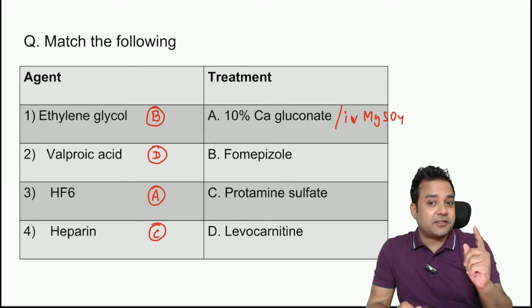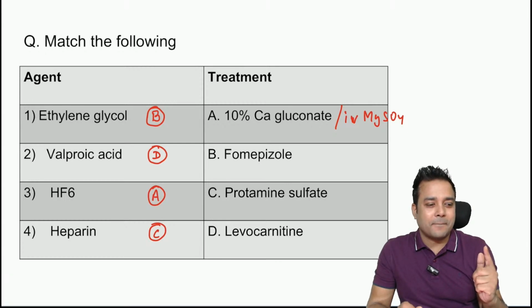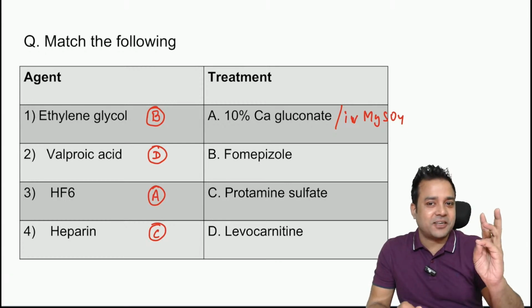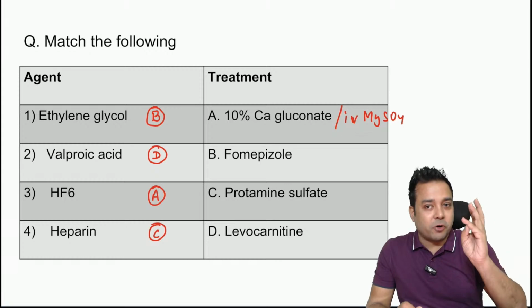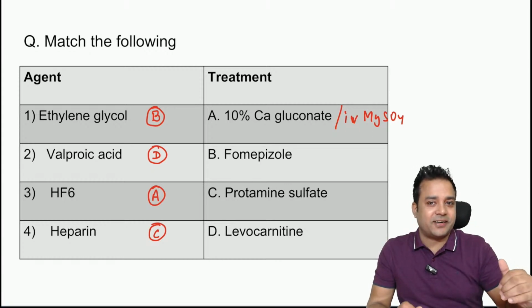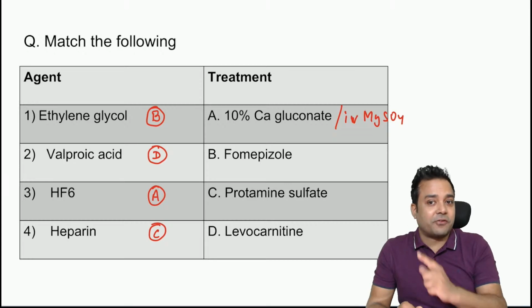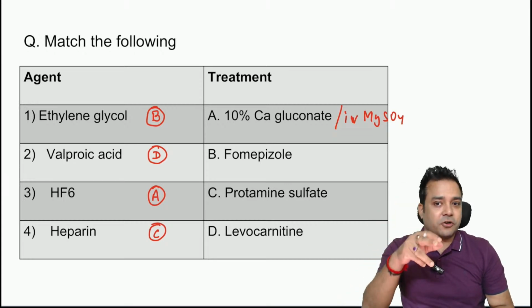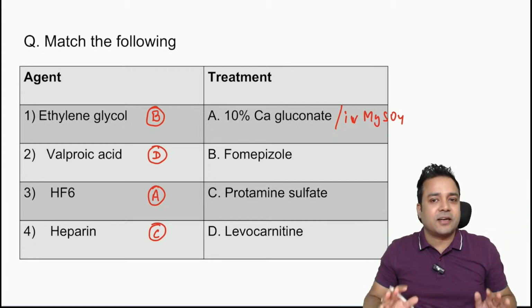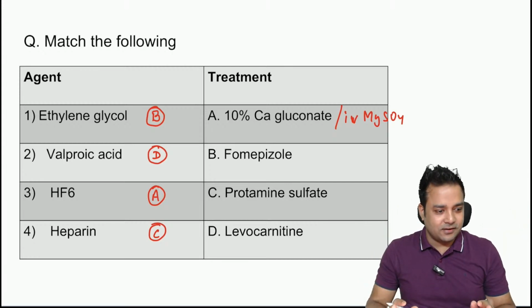In road traffic accidents, which skull fractures will not be seen? Gutter fracture and Pond's fracture. Because Pond's fracture is mainly seen in infants due to soft pliable skull bone. And the second one is gutter fracture, which occurs due to tangential gunshot injuries. All other sorts of fractures can occur in road traffic accidents. Simple.